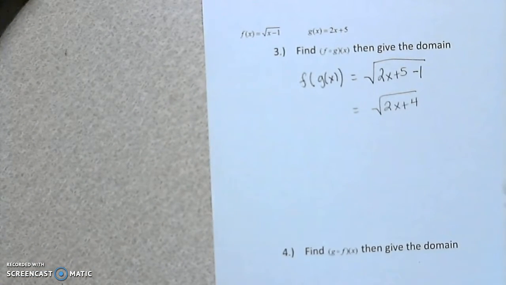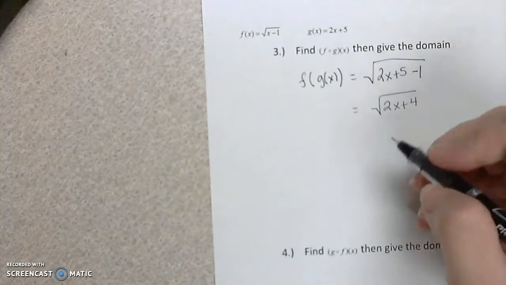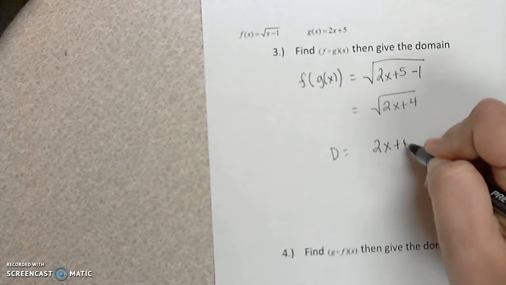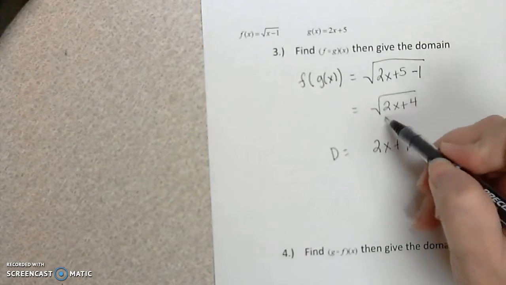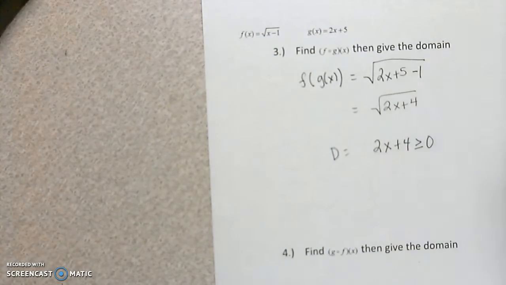Now we're asked to give the domain. Remember, anytime you have a square root function, the domain is found by taking the radicand. That's what's under the radical sign. So 2x plus 4. And remember, the value that's under here can't be negative, so it has to be greater than or equal to 0.